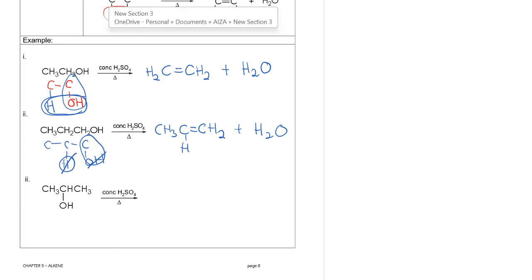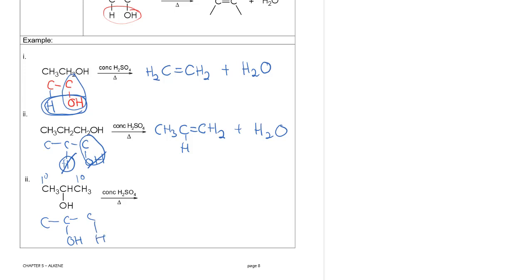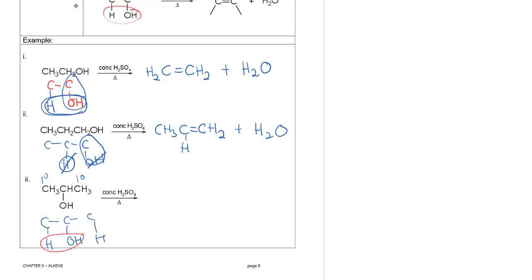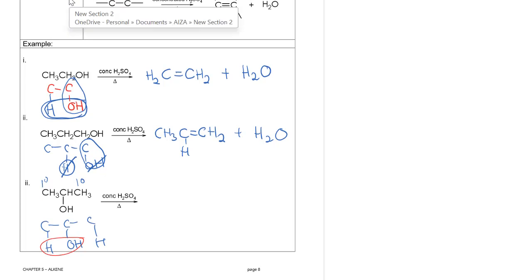Same goes to this one. This carbon is attached to OH. It is attached to two carbons, but both carbons are primary. If you remove OH and H here, you produce propene.